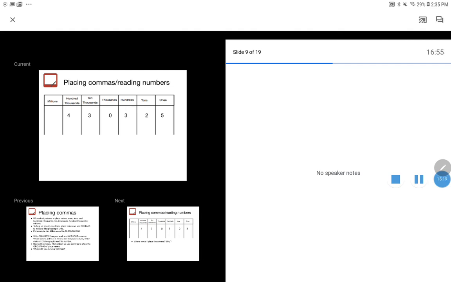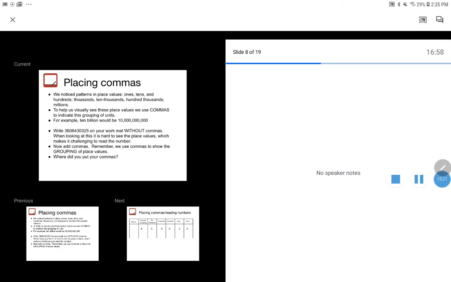Now that we have commas in our number, it makes it a lot easier for us to read. I put a comma in between my thousands and hundreds, then another comma between my millions and 100,000s, and then between my billions and my 100 millions.